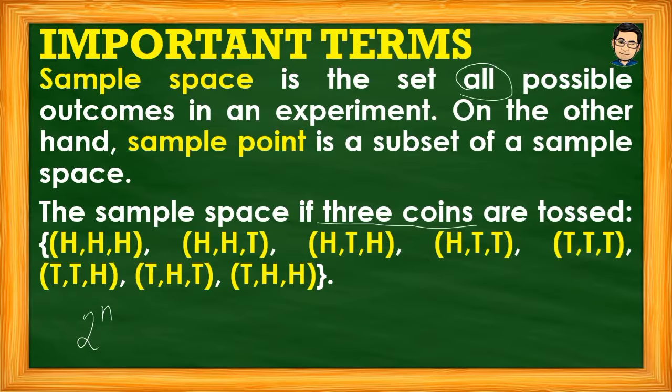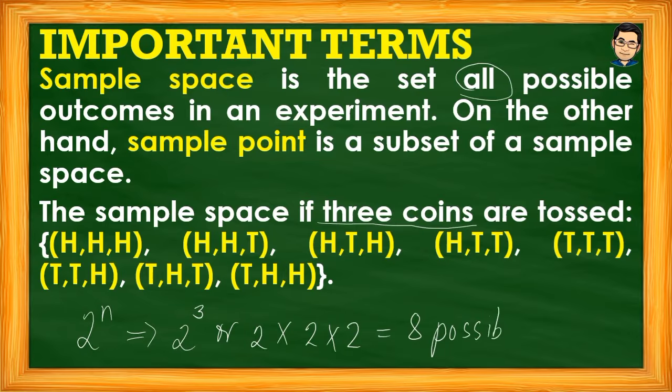Okay, so dahil 3 coins dito, n is equal to 3. Kaya magiging ganito siya. 2 raised to the third power. Or 2 times 2 times 2, 8. Kaya meron tayong 8 possible outcomes.